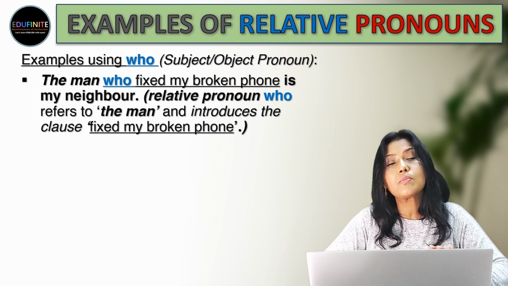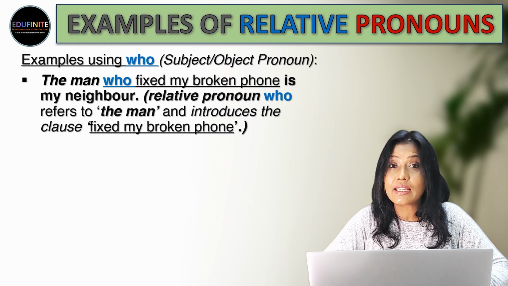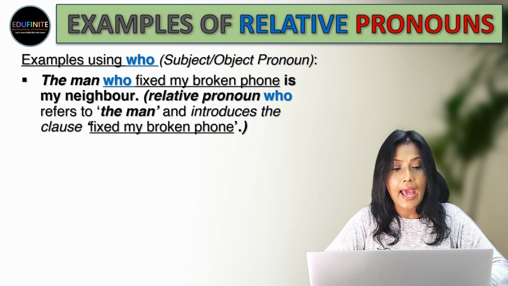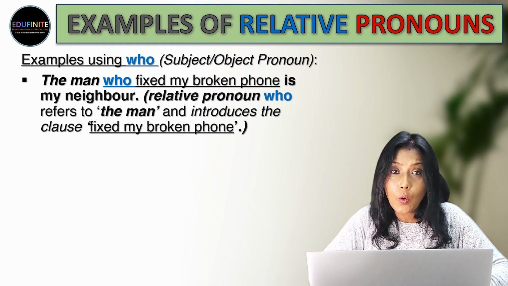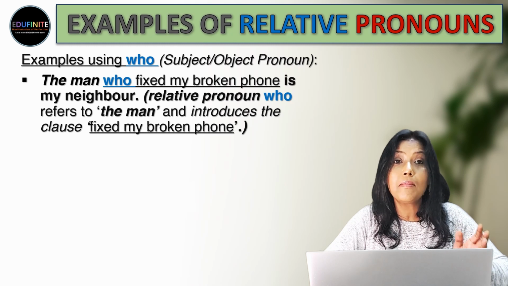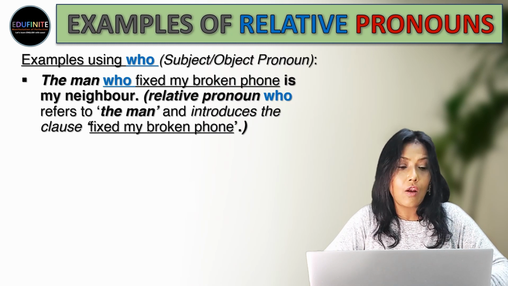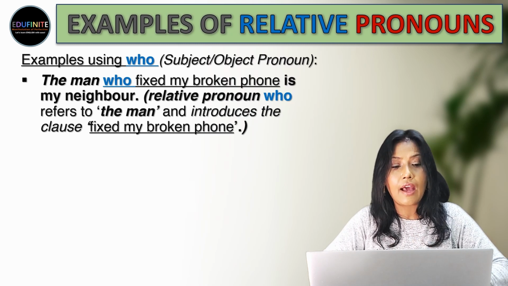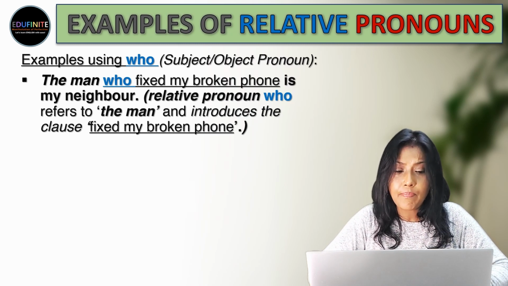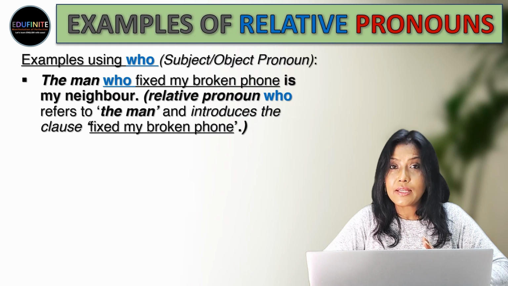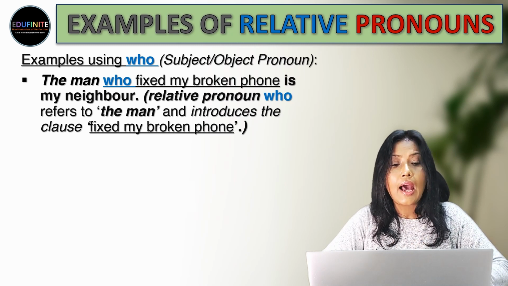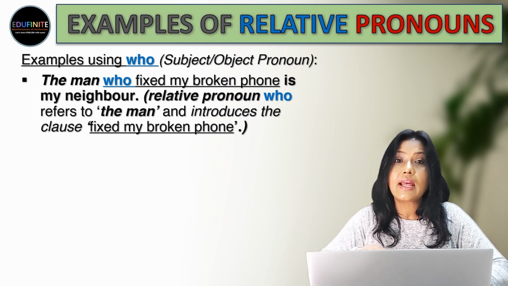So who fixed my broken phone is the relative clause, and it tells us more about the noun, the man, from the independent clause, the man is my neighbor. For the independent clause, I have used bold letters, and for the dependent or the relative clause, I have used regular letters and underlined it.